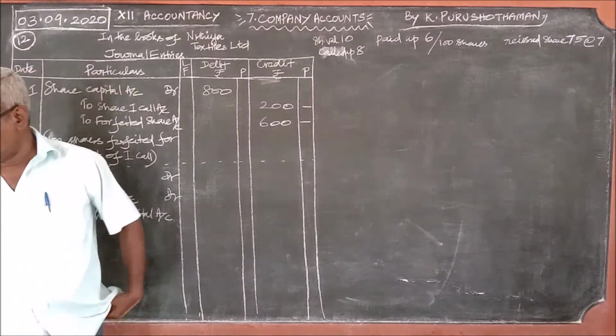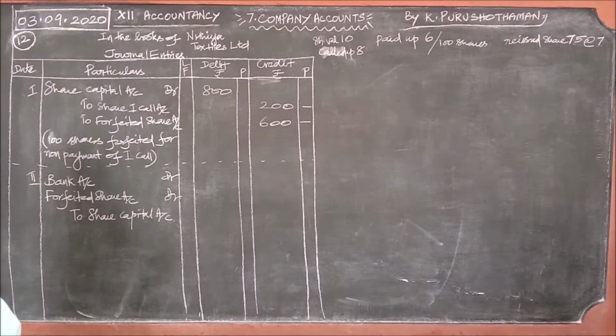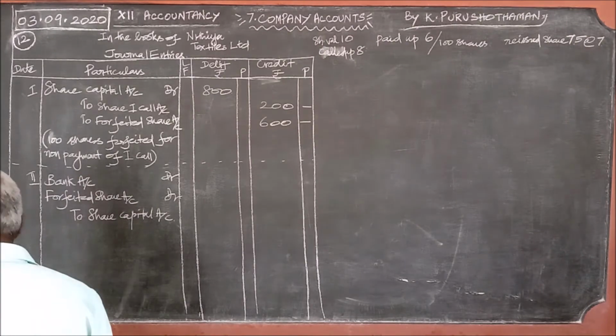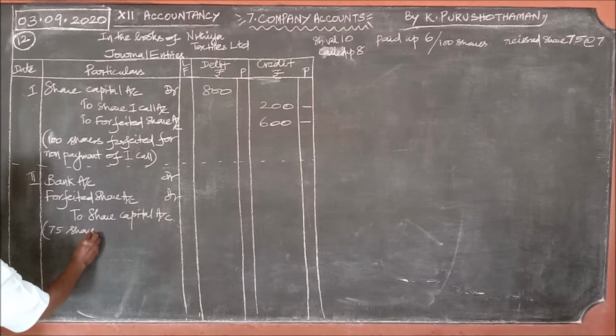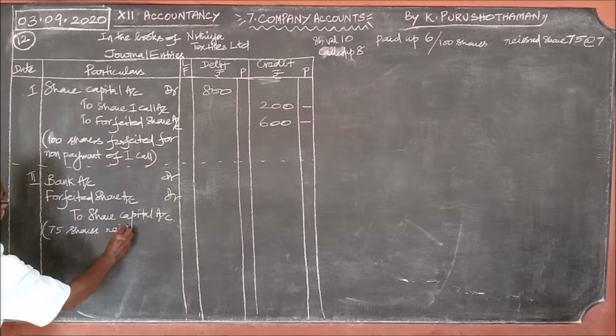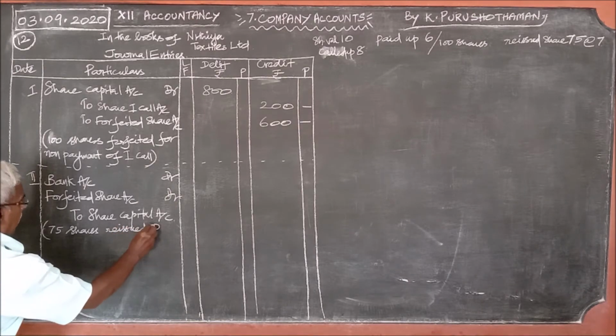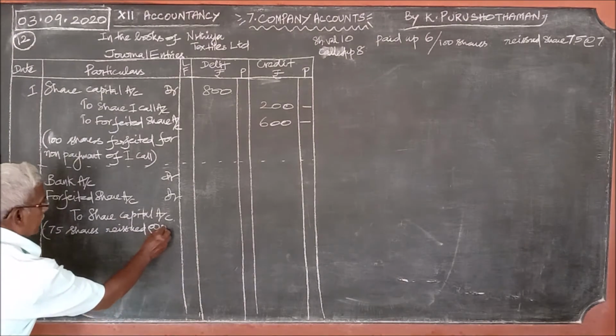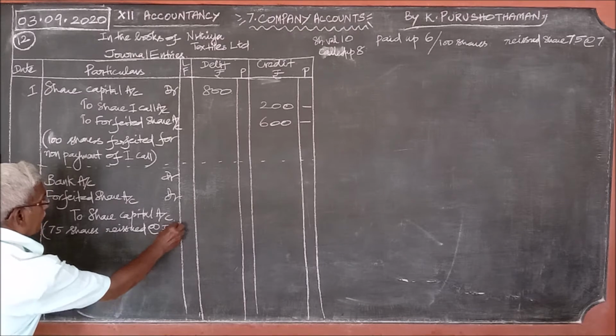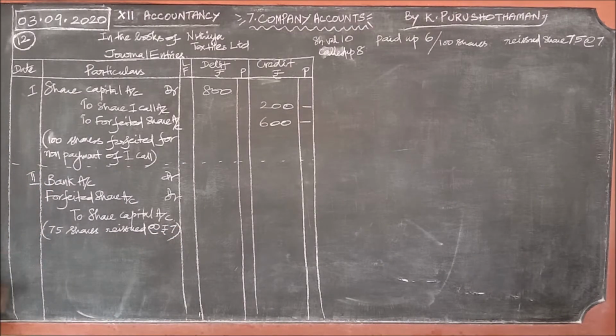How many shares are reissued? First one for forfeiture, second one for reissue. 75 shares reissued at the rate of rupees 7.